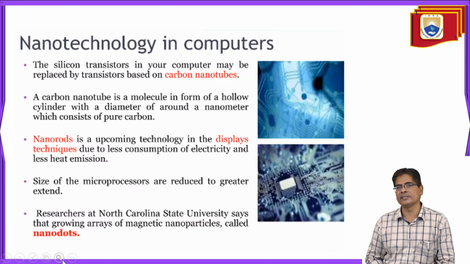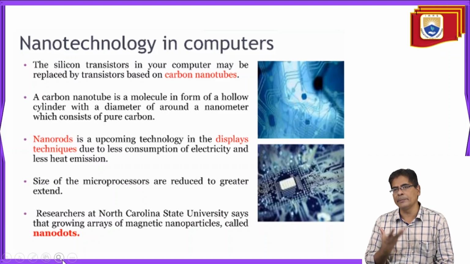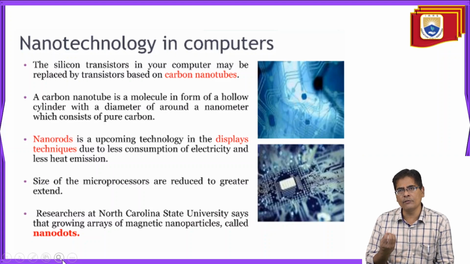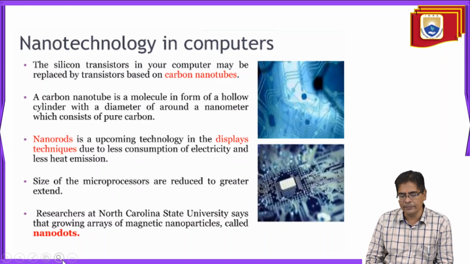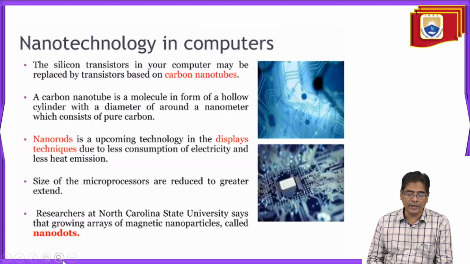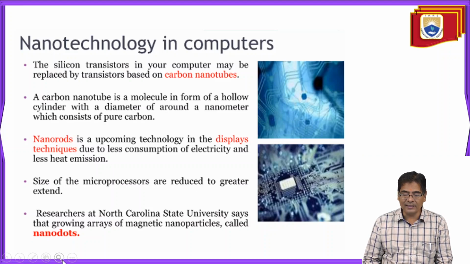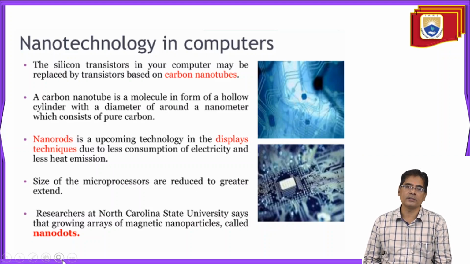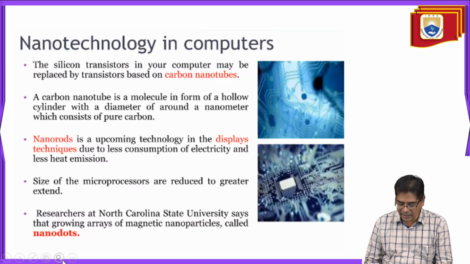Silicon transistors have been replaced by carbon nanotubes, and a carbon nanotube is a molecule in the form of a hollow cylinder with a diameter of around 1 nanometer, consisting of pure carbon. We have nanorods as an incoming technology in displays, due to less consumption of electricity and less heat emission. The size of microprocessors is reduced to a greater extent. Another research at North Carolina State University says that growing arrays of magnetic nanoparticles are called nanodots.